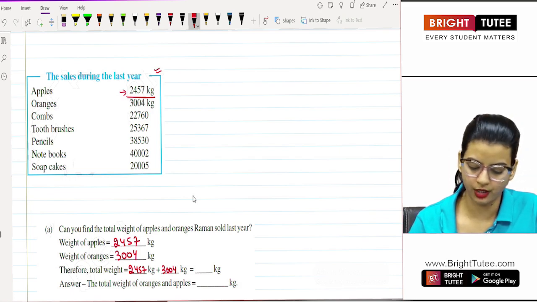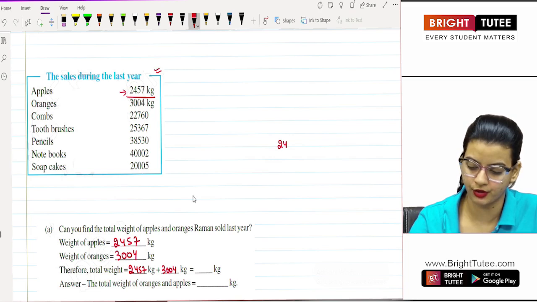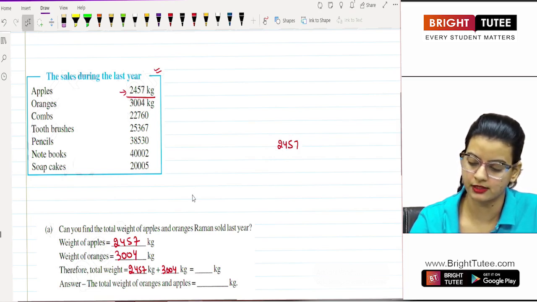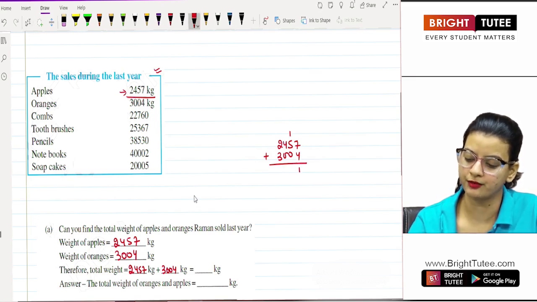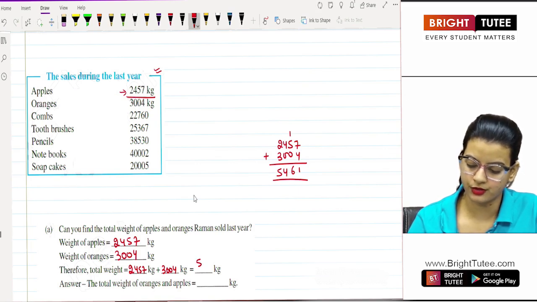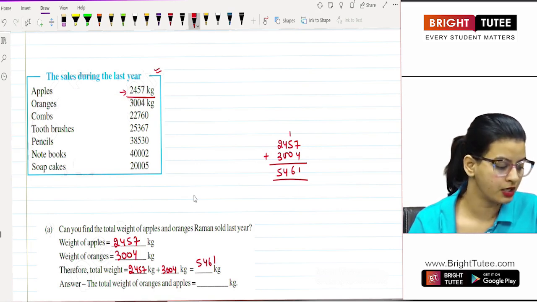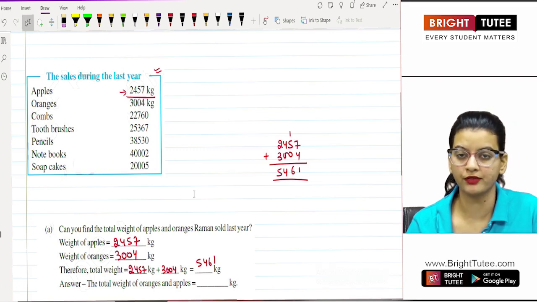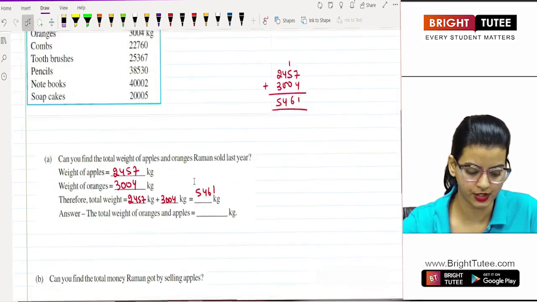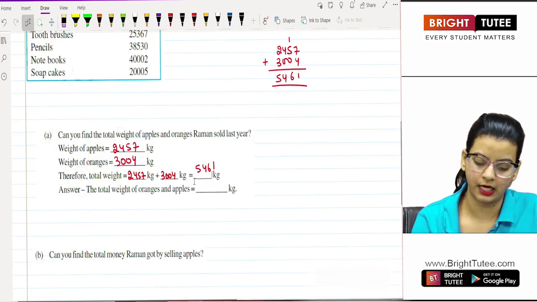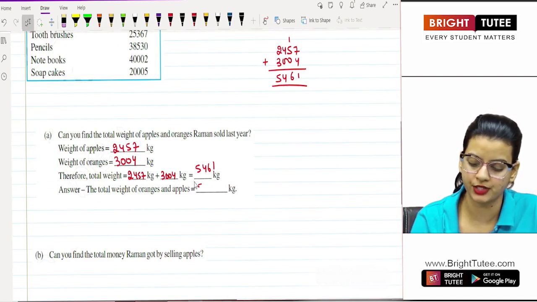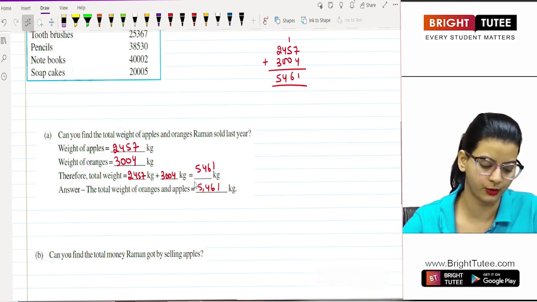Let me add it for you: 7 plus 4 is 11, so we have 1, carry over 1, 5 plus 1 is 6, 4 plus 0 is 4 and 2 plus 3 is 5. So we have 5461 kg of apples and oranges Raman sold last year.